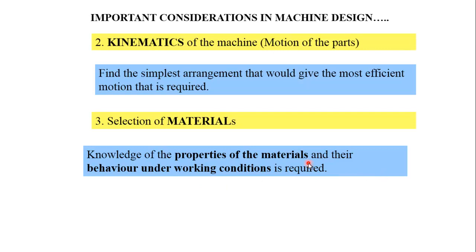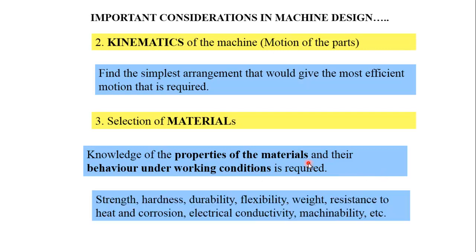Then similarly we have to understand the other properties like strength, hardness, durability, flexibility, weight, resistance to heat and corrosion. These are all factors that directly or indirectly affect the machine's performance. So we have to understand the material in such a way, what are the various mechanical properties of that material.